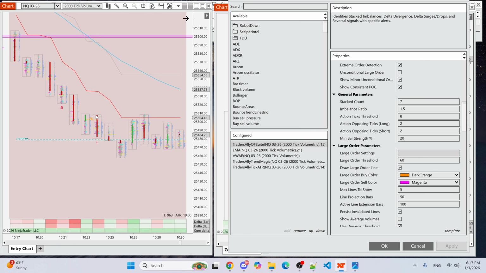For the setup to occur, we want to specify the opposing ticks for long or for short, in the upper two ticks. So in this upper area of the last two ticks of this bar, there is no imbalance. And we have imbalance in the last 8 ticks here. And that's why we specified it here: 8, 2, and 2.